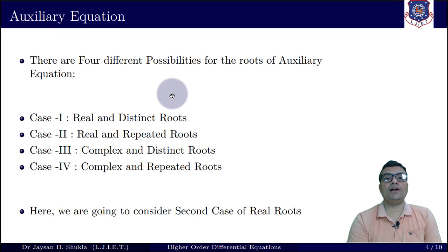While finding roots of this equation, we will receive four possibilities. It may happen that these roots are real and distinct, real and repeated, complex and distinct, or complex and repeated. In this video, we are going to consider case 2 of real roots, which is real and repeated roots.